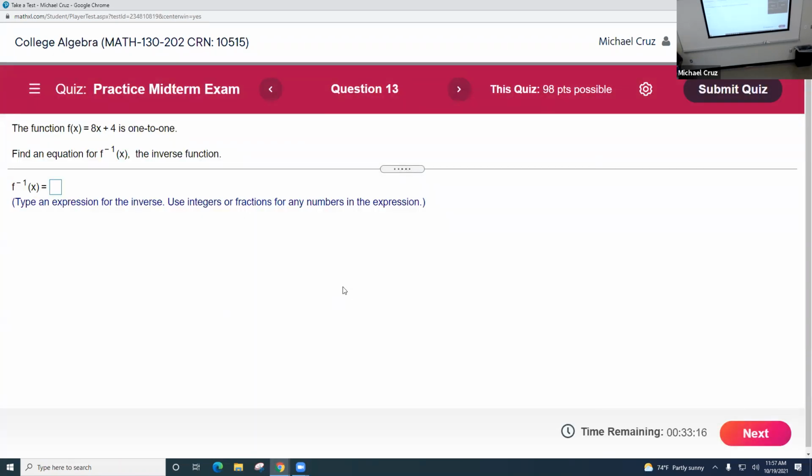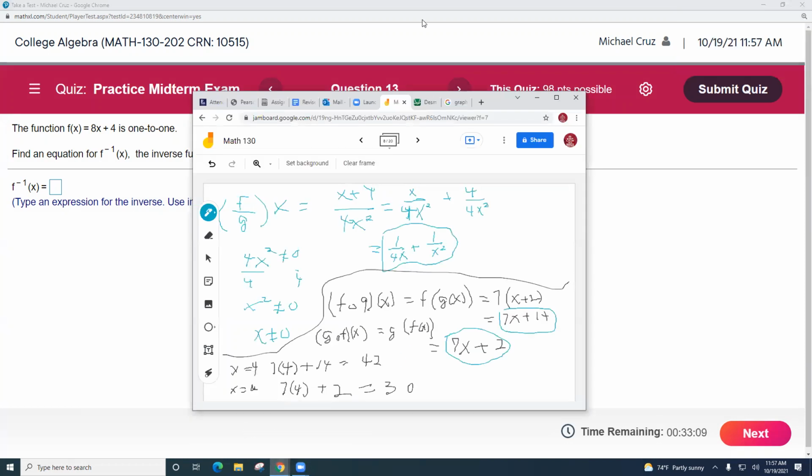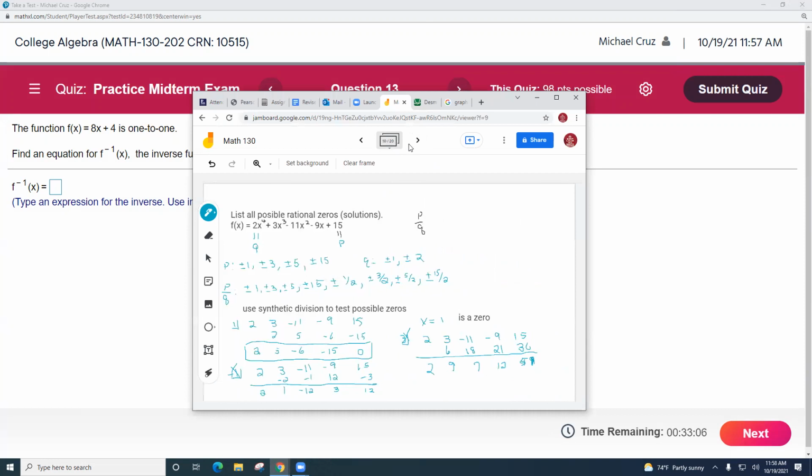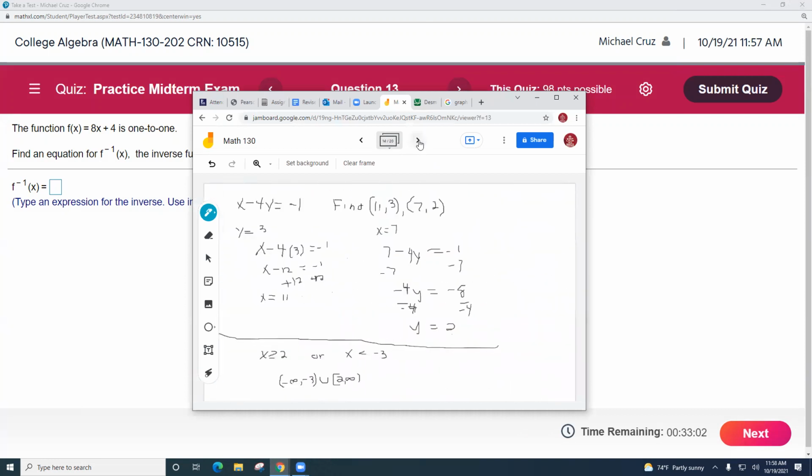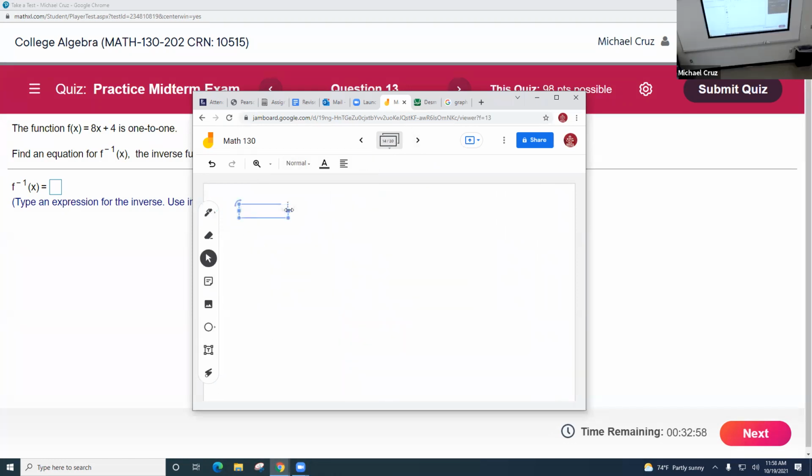All right, so what does this mean here? What is that asking us to do? Find the f. Okay, I'll just try to type this out. To find, that just means the inverse function.